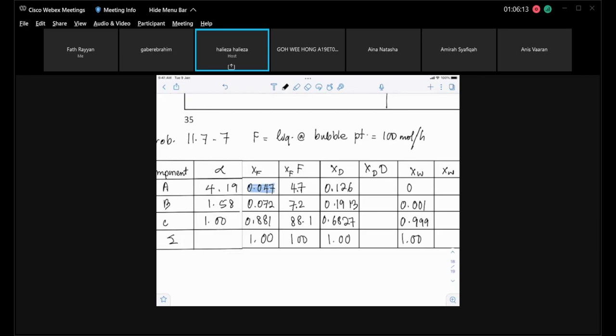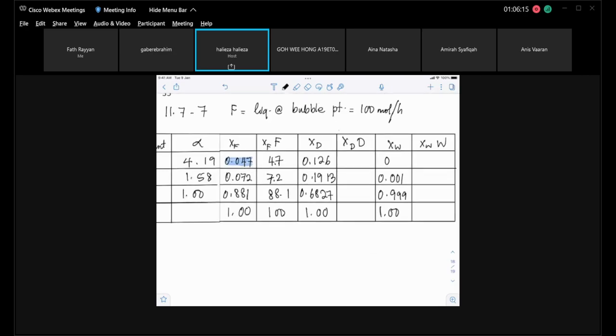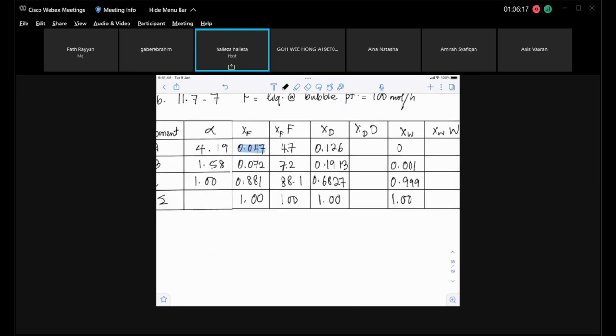Now based on this, you can do the rest of the calculation. For example, feed equals the total balance: feed equals the distillate plus bottom product. So you have to imagine the column itself.